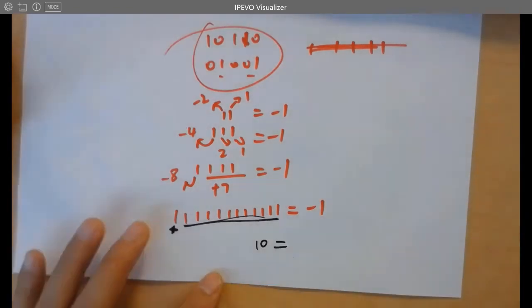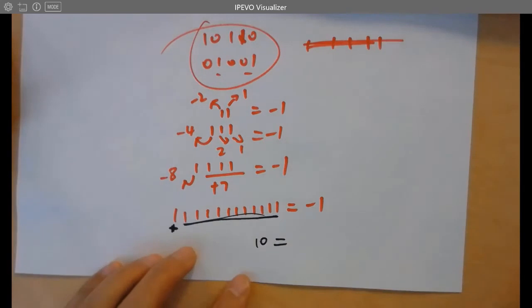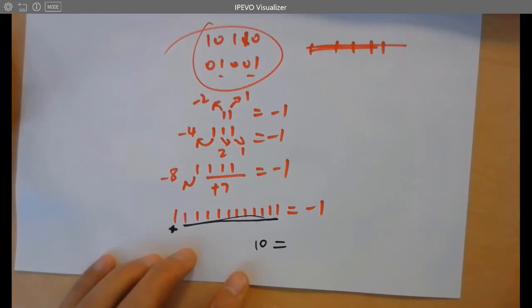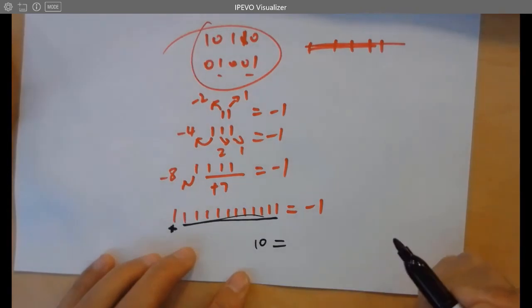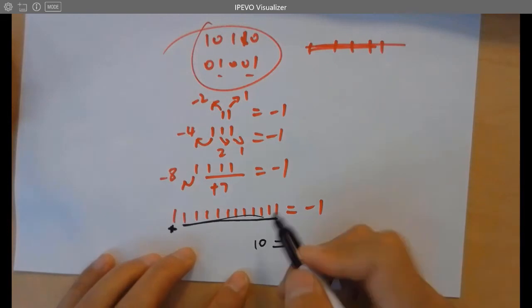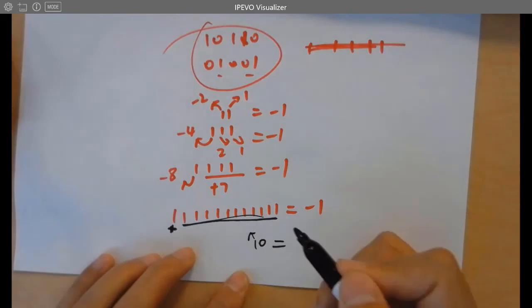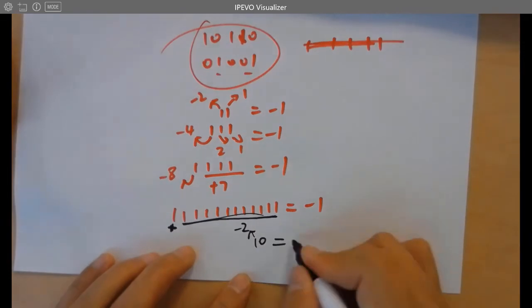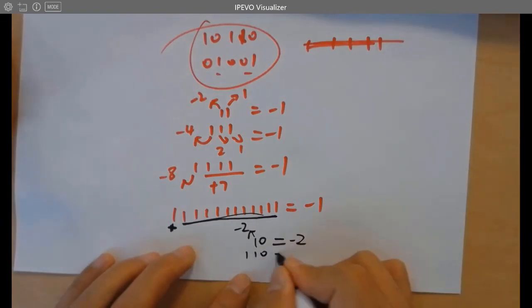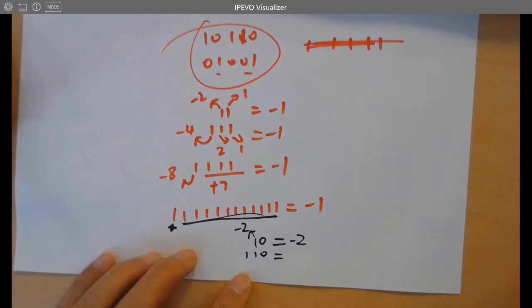What's this? Wait, come on. In 2's complement, what is this? Minus 2. So what is this? Minus 2.